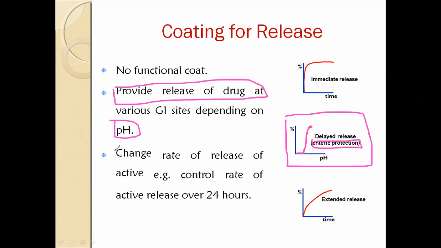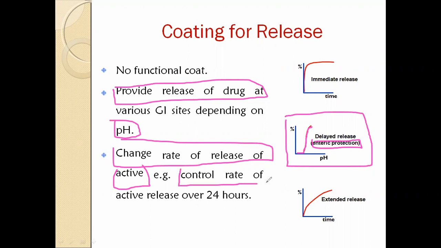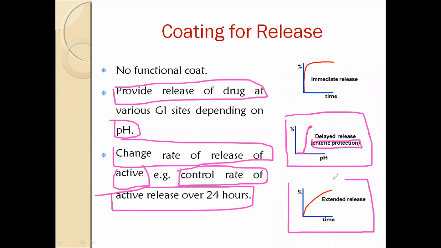Now, you can also change the rate of release of the active ingredient. That is, you can achieve controlled rate over a period of 24 hours or a whole day. You can understand this concept more with the help of the graph shown over here. So you can have an extended release.